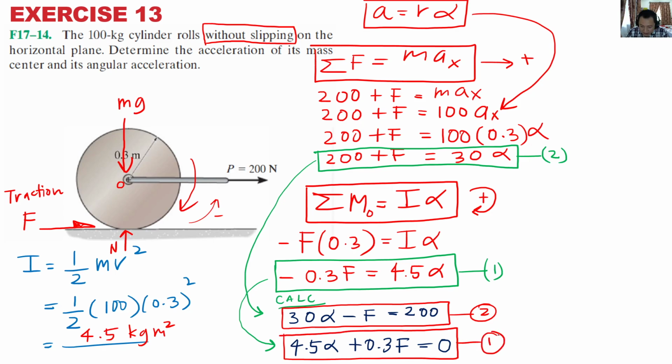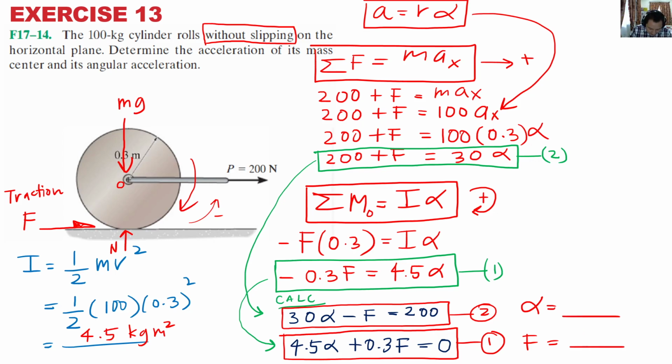This is equation number 1. So now grab your calculator. 30 alpha minus F is equal to 200. 4.5 plus 0.3. Okay, press your calculator. You're gonna get alpha, how much? And F is equal to how much?